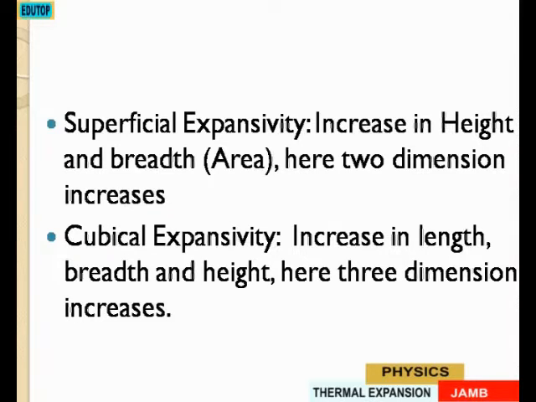Increase in length, in breadth, and in height. That's what we also call volume expansivity or cubical expansivity. In this kind of expansion, 3 dimensions increase, either length, breadth, and height. And those are the 3 types of expansion that we have.